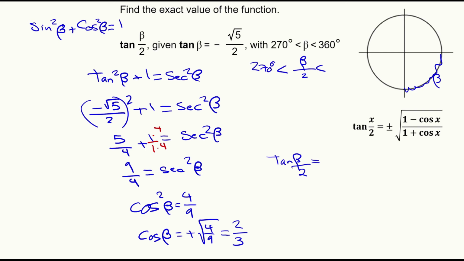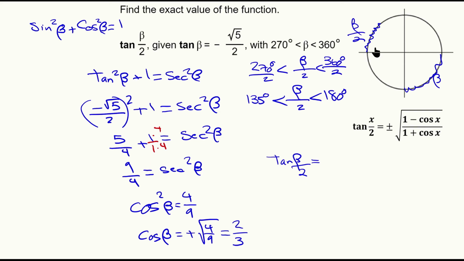So we get 270 over 2, 360 over 2, so beta over 2 lives between 135 degrees and 180 degrees. 135 is right here, 180 is right there, so beta over 2 lives somewhere in here.